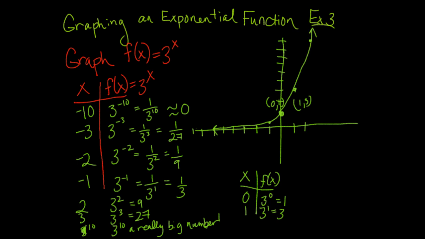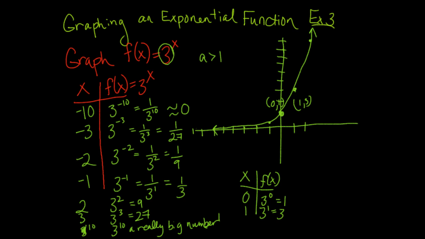And you've probably seen this exponential curve, which I didn't do so nicely, but it curves and it increases rapidly for positive values of x. Now, keep in mind that this is when your base is greater than 1. So a is greater than 1.